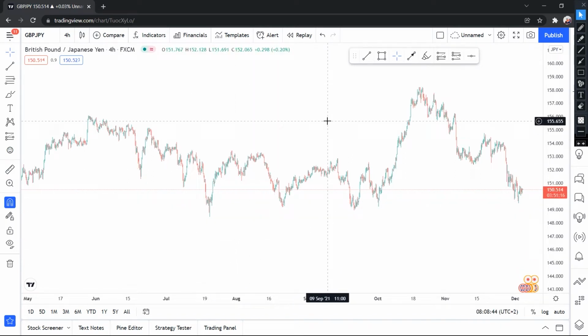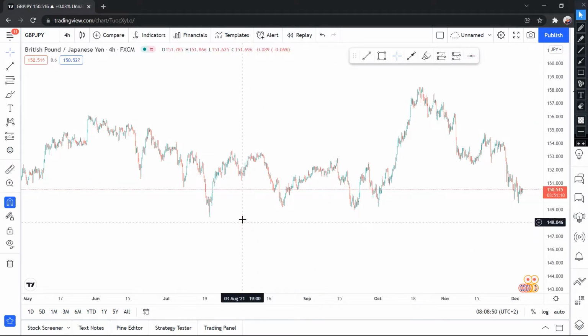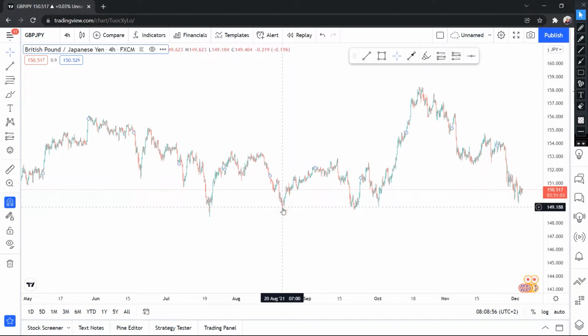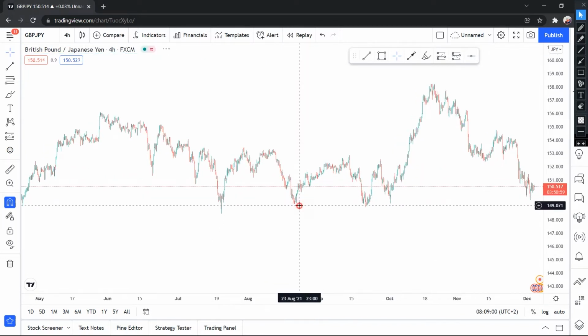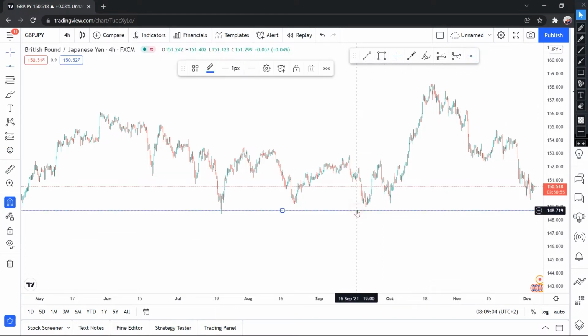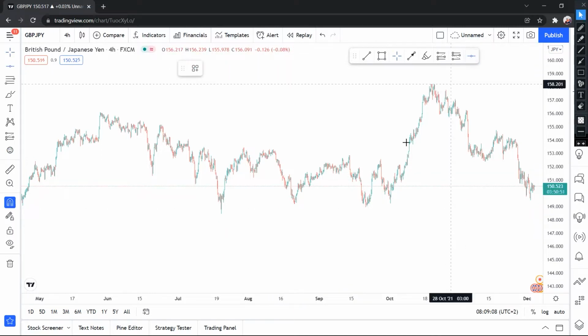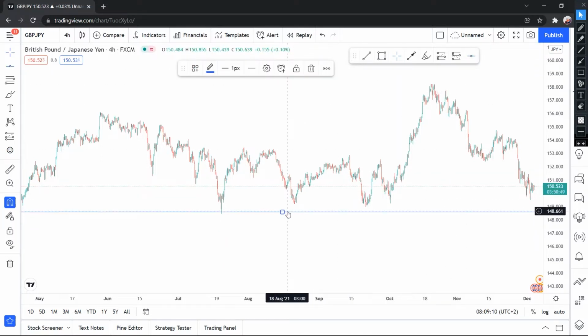Now I'm going to draw horizontal random lines. The first one, I'm just going to pick the horizontal line and draw one at this point here. I'm going to pick the horizontal line and then draw my first level.